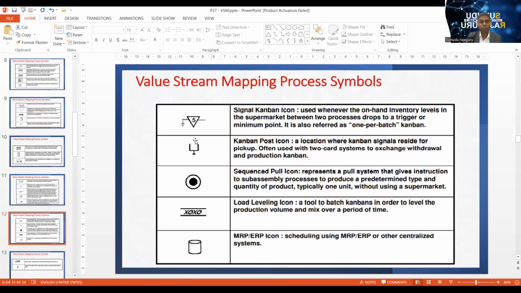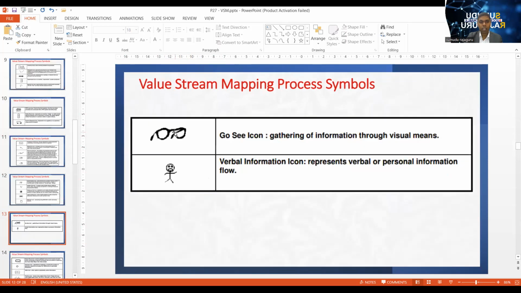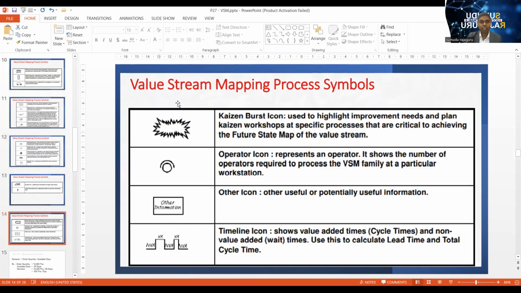This is signal Kanban, kanban post, sequential pull icon, load leveling icon, MRP ERP system, then go see icon, verbal information icon. This is called Kaizen burst, operator icon, then other icons, and this is the timeline. We have to go through 9 steps.